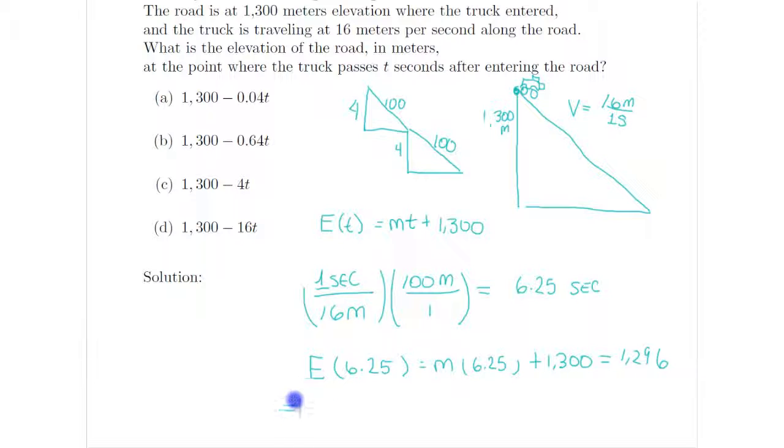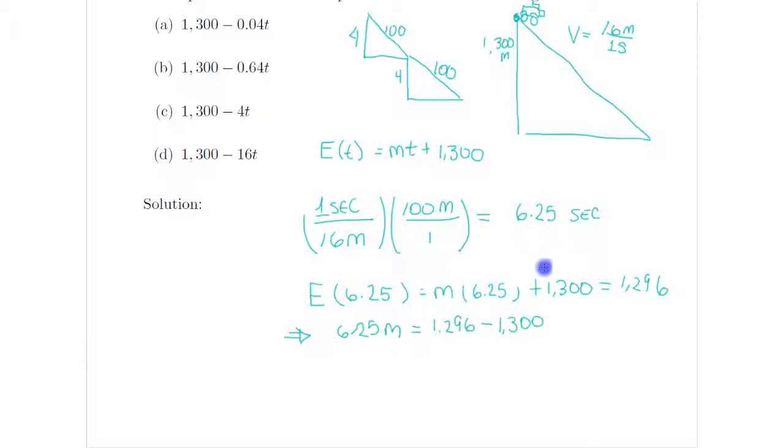So this implies 6.25m is 1296 minus 1300. I don't know why it keeps doing that. Glitch. Now this is equal to -4, right? So that means that I'll have to divide by 6.25 on both sides.